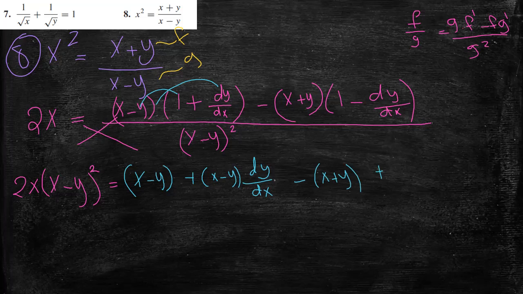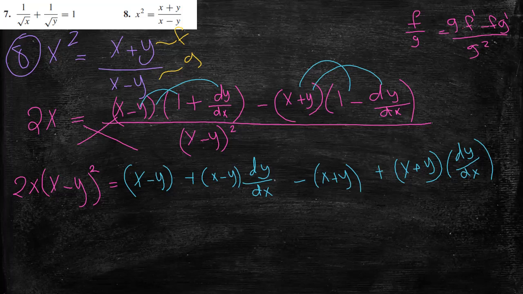Then plus, because minus times minus is plus, x plus y times dy over dx. Now x cancels x, right or no? It can cancel.